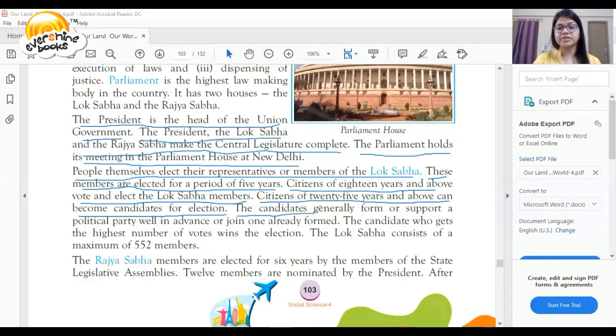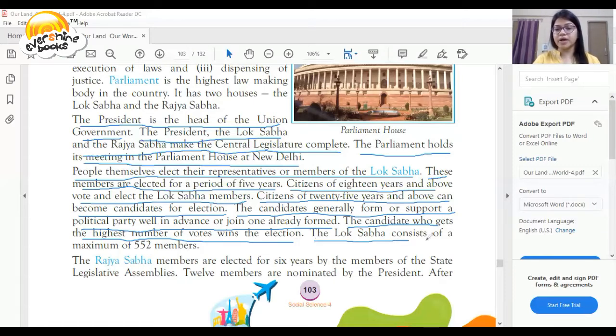The candidates generally form or support a political party well in advance or join an already formed one. The candidate who gets the highest number of votes wins the election. तो इलेक्शन में जिसको ज्यादा वोट होते हैं, जो जिस पार्टी से खड़ा होता है इलेक्शन में, उस पार्टी के जितने नंबर ऑफ वोट ज्यादा होते हैं वो इलेक्शन जीतता या हारता है.